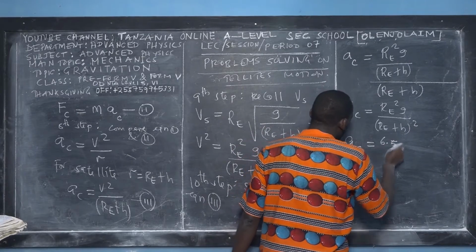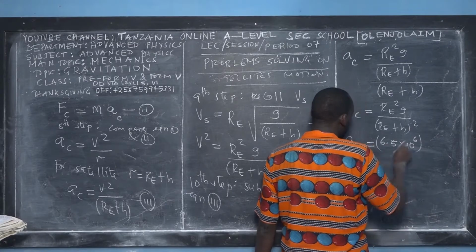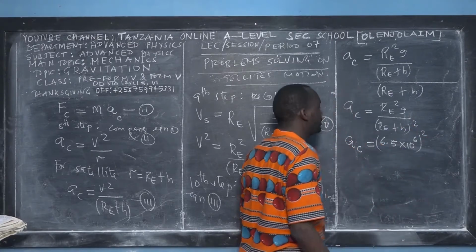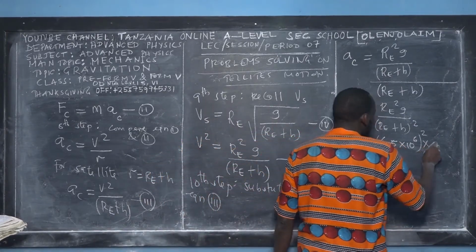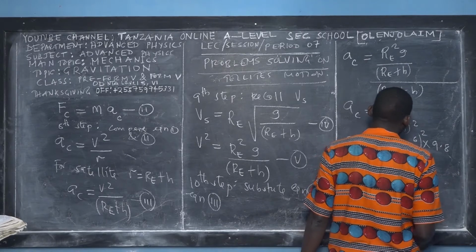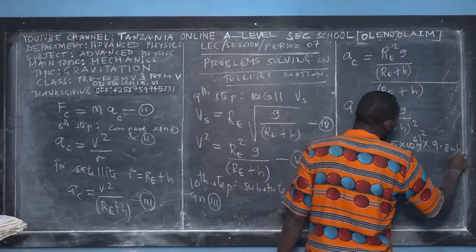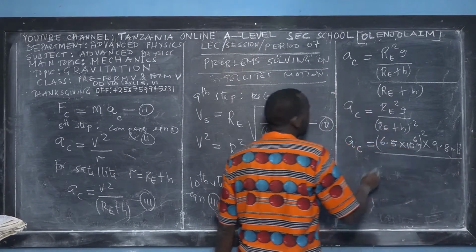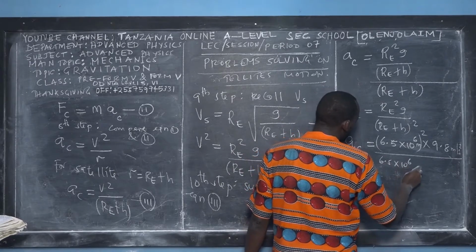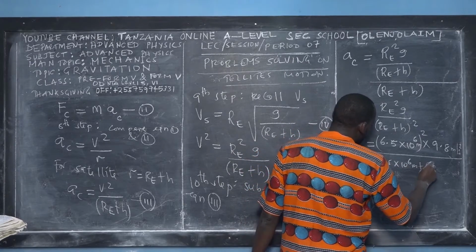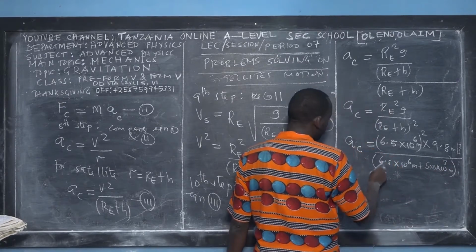The radius of the Earth will be given as 6.5 exponent 6 meter squared. This is the acceleration of gravity on the Earth's surface, not on the satellite surface. So then we multiply with 9.8 meter per second square. And then we divide with 6.5 exponent 6 meter plus 500 exponent 3 meter. But this one also should be squared.